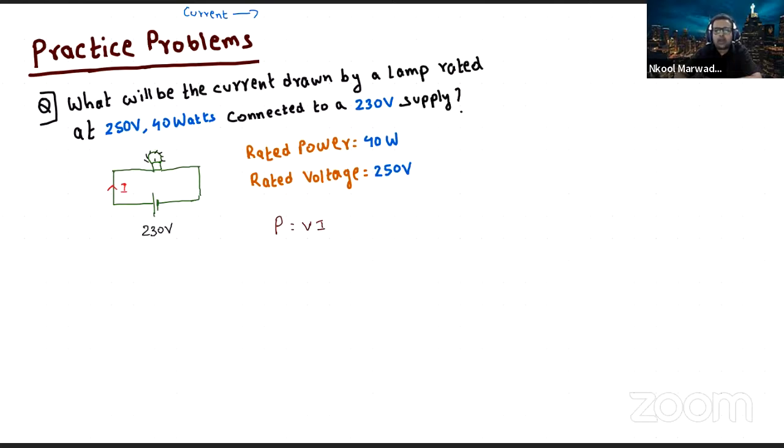So I can write Ohm's law, V is equal to IR. Since V is equal to IR, I will be V by R. So instead of I, I can write V by R. So I will get one more formula, P is equal to V square by R, or R is equal to V square by P.